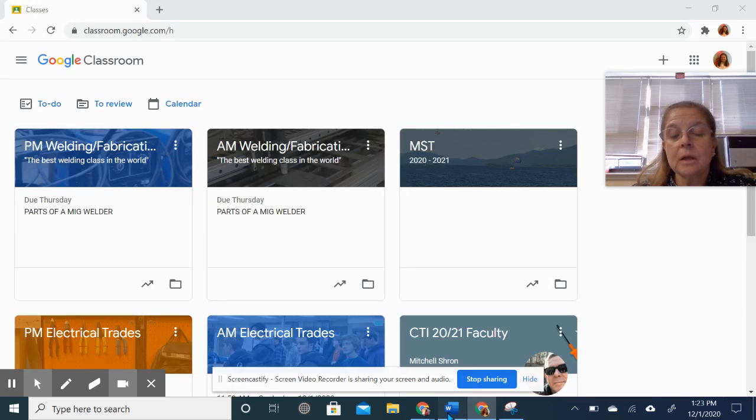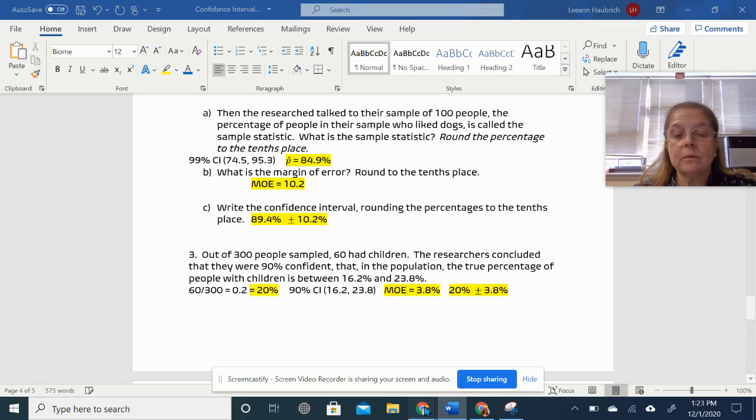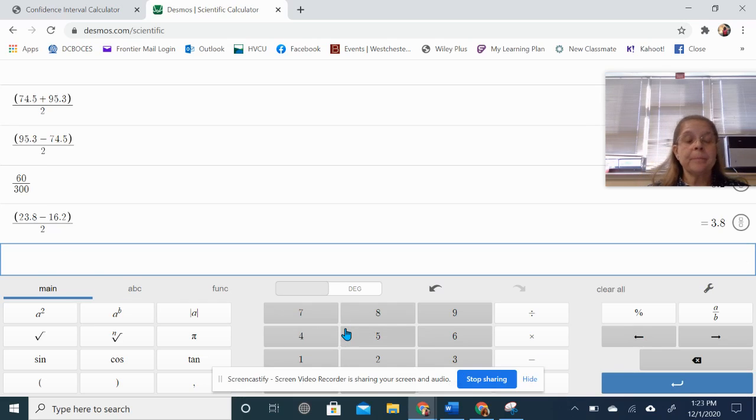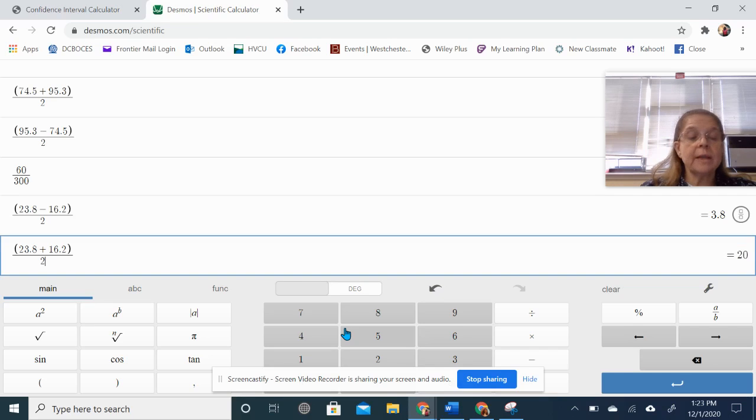So let's go the other way. What if I did this and I took the 23.8, let me get the parentheses with it, 23.8 plus 16.2, two items, get the average, divide by 2, you're still going to get the 20 right there.